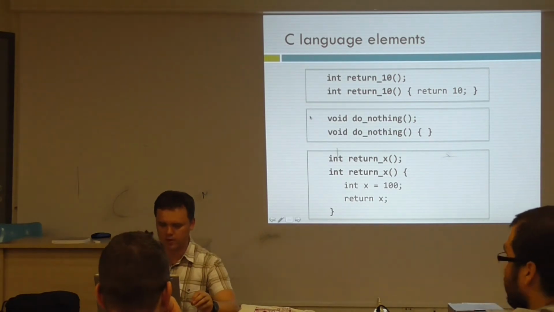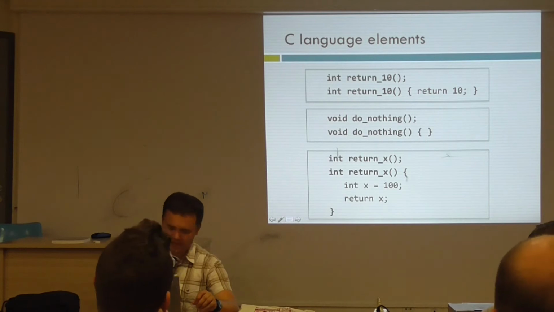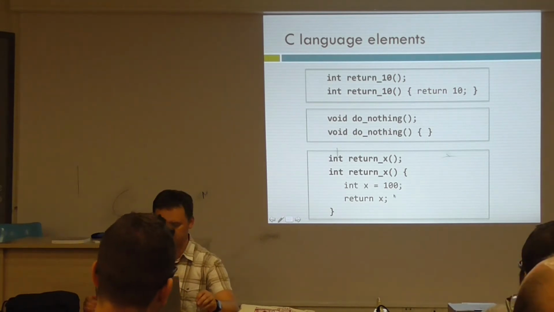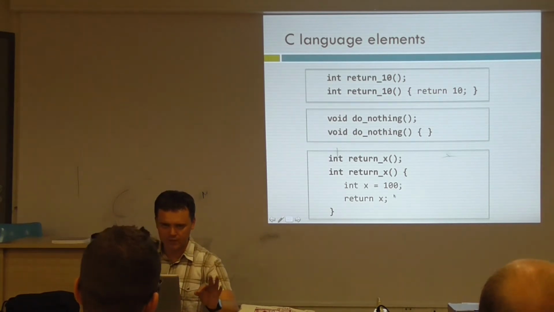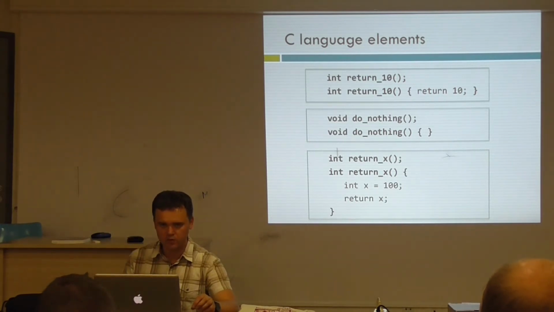Okay, so you can find some examples of our functions. We multiply by 10, so this value is returned. Okay, you can create some variables, initialize and return using, of course, an identifier. So if you are not familiar with programming languages, you can compare how we can use it.